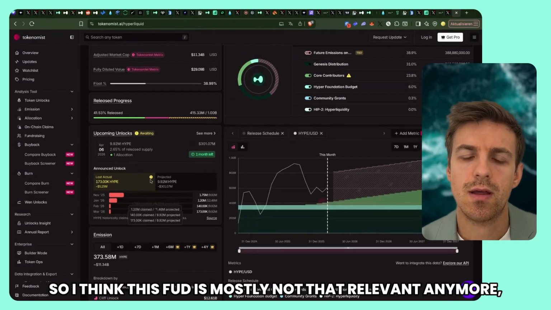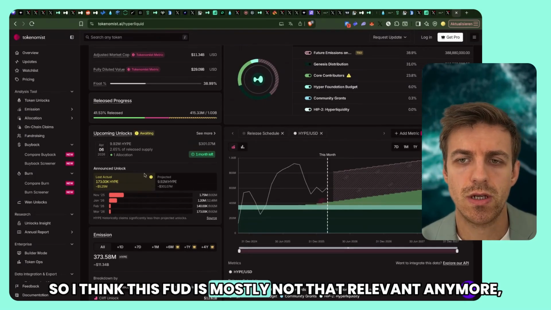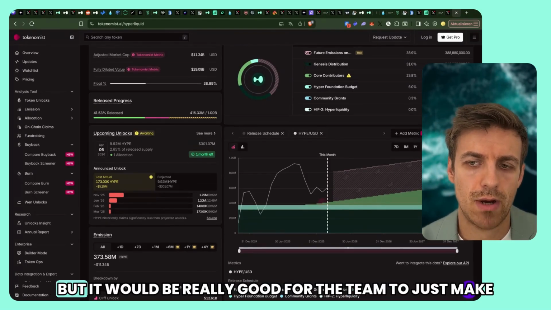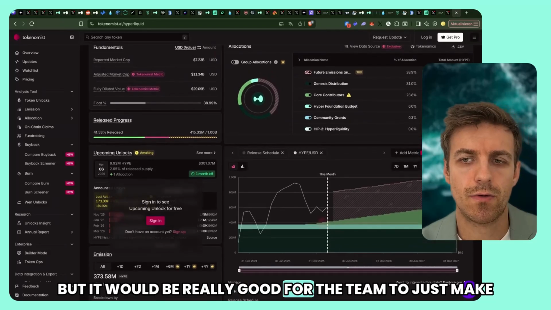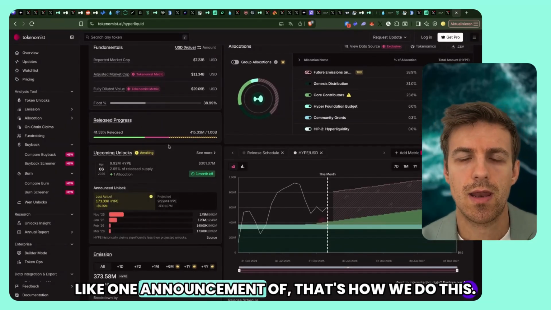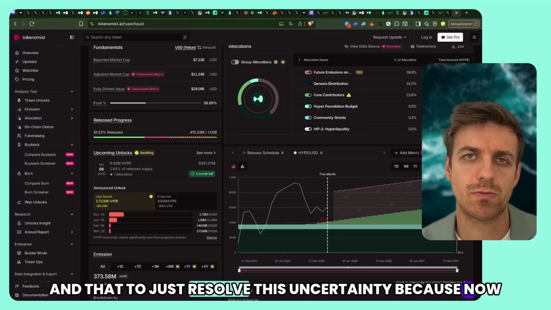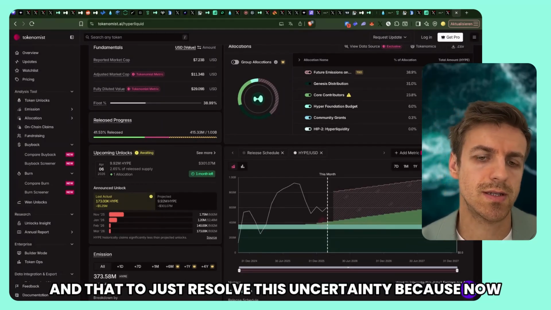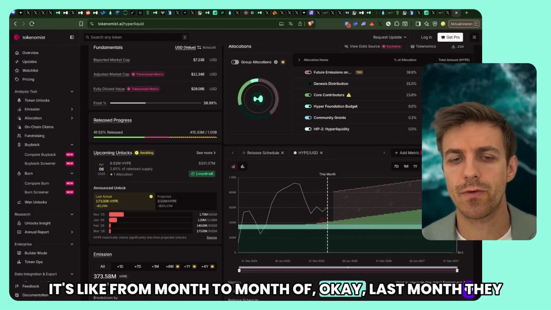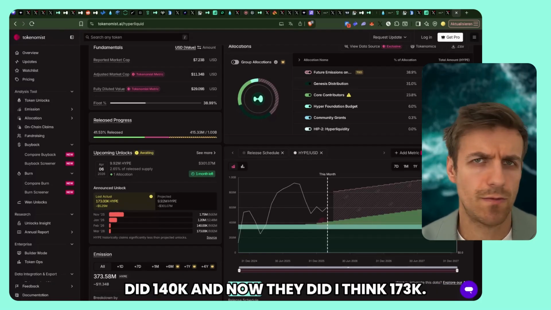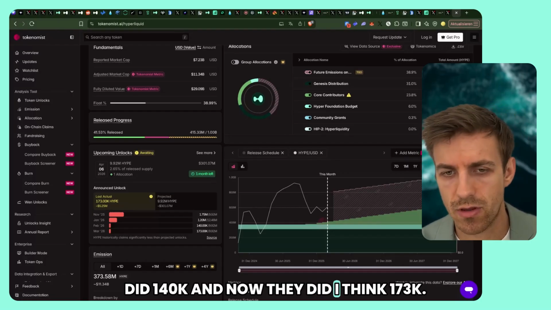So I think this FUD is mostly not that relevant anymore, but it would be really good for the team to make one announcement of, okay, that's how we do this, and just resolve this uncertainty. Because now it's month to month: last month they did 140K, now they did, I think, 123K.